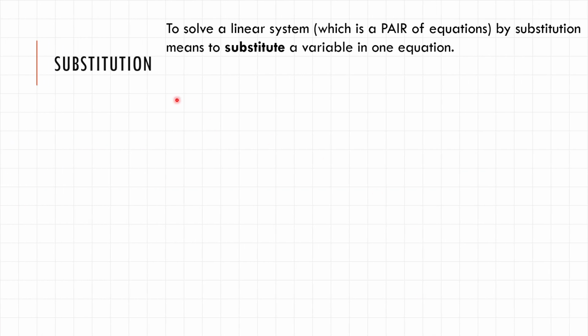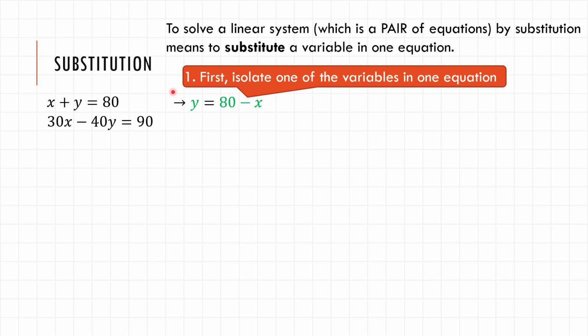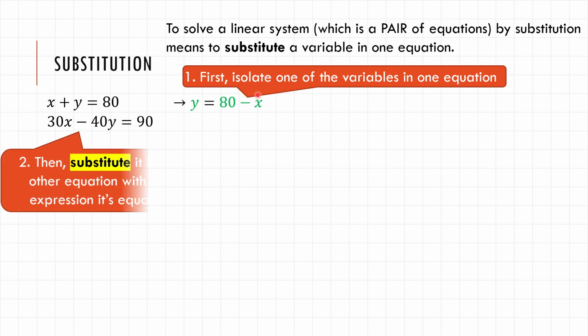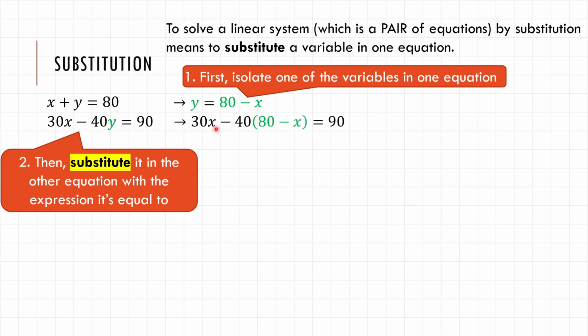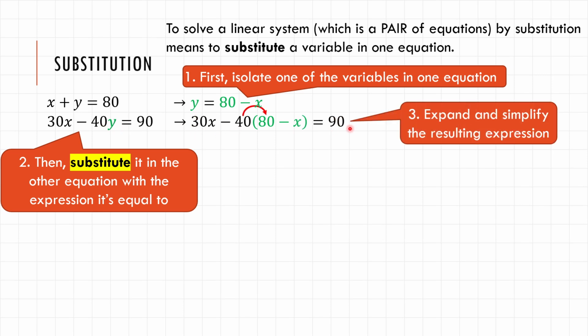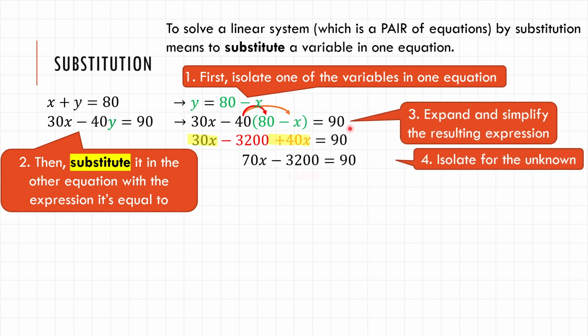After we dismissed graphing technology, we moved on to learning substitution. To substitute a linear system means to take your pair of equations, isolate one of the variables in one of them, and take that expression and substitute it into the other equation. Using your new equation, you can expand, simplify, and then isolate for the unknown variable.